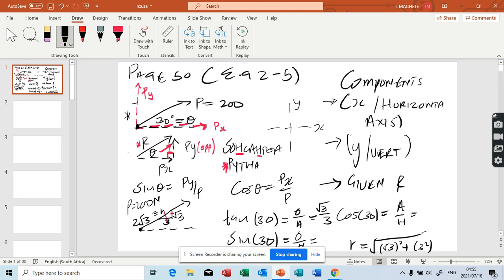If you say sine is equal to opposite over hypotenuse, and you punch in those values, you'll get the same value. Sine 30 is equal to root 3 over 2 root 3. Okay, it's 1 over 2.